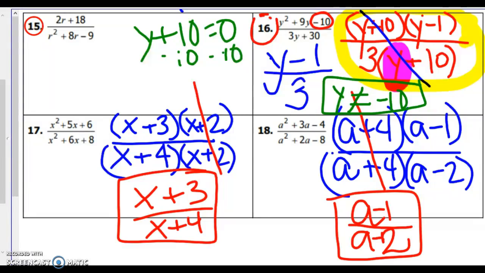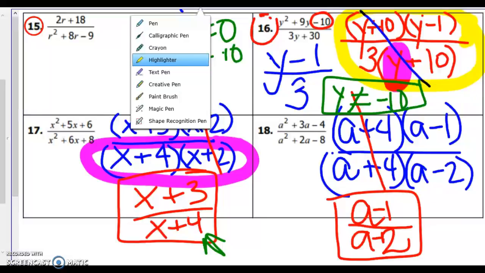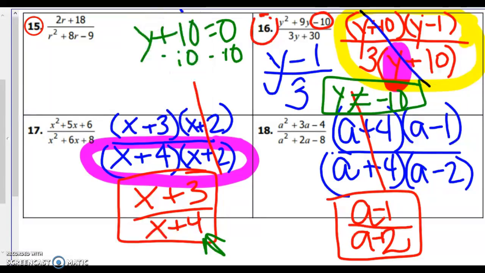All right, let's look at number 17. Now here's my final answer. However, I don't look in my final answer. I look in my work. So I actually look right here. There's going to be two excluded values in there. The first one, what makes x plus 4 equal to 0? So x plus 4 equals 0.